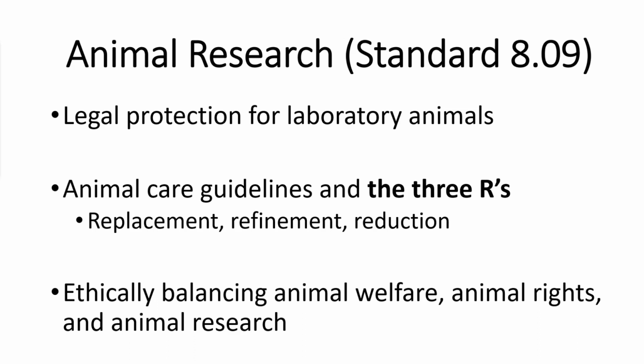In that case, an artificial neural network experiment, you've replaced the need for using an animal by using a computer model. That would be an ethical choice because I've used an alternative method to having animals.